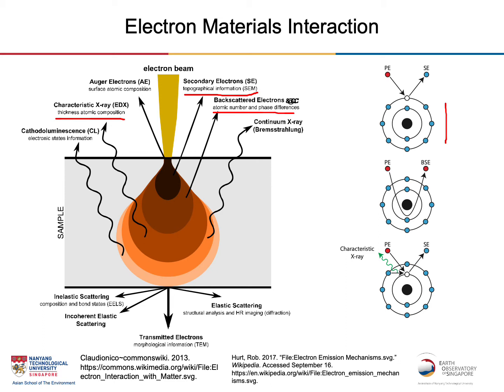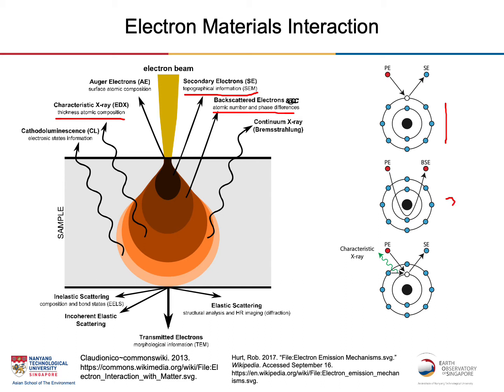interacts with the atoms in the sample, whereby due to its high energy it could knock out some of the electrons from the orbital of the atom. So this primary electron, because it's high energy, may at some point eject more than one electron. The ejected electron, or the donor electron, we call secondary electron.